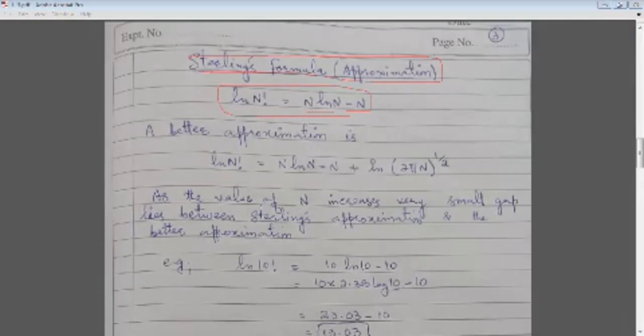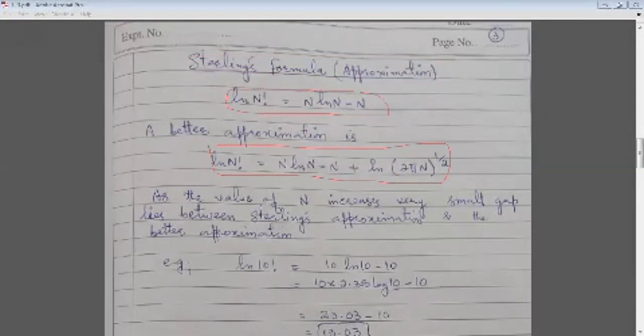But a better approximation was also given, which says that ln n factorial is equal to n ln n minus n plus ln of the square root of 2 pi n. You can write it as under root of 2 pi n, or (2 pi n) to the power half. So this is a better approximation than the previous one. We will see by taking different examples also why this is better.